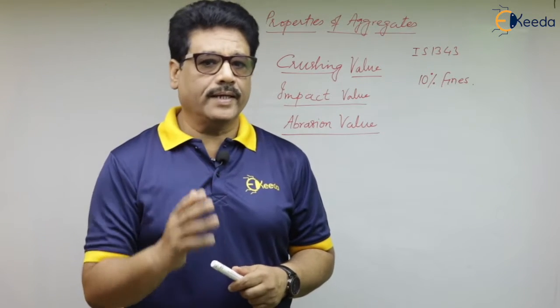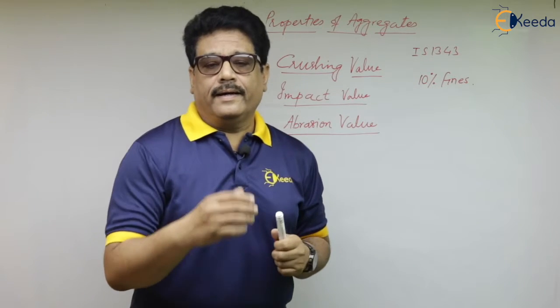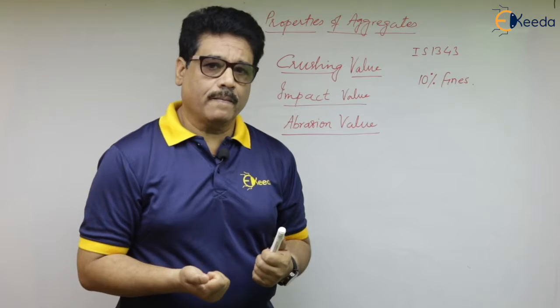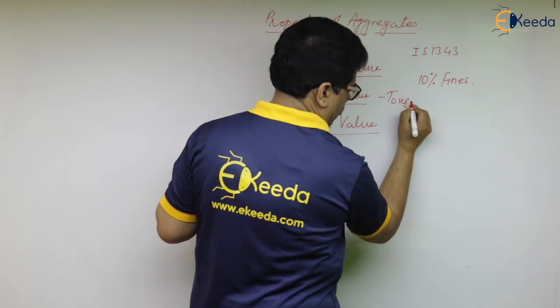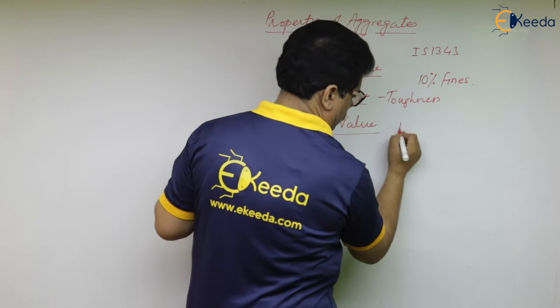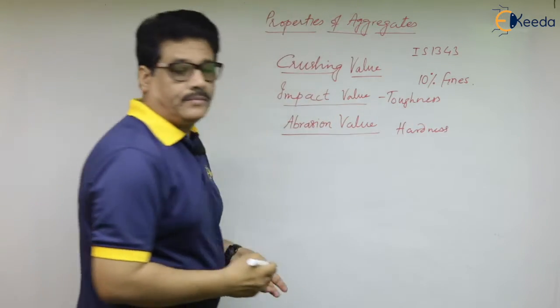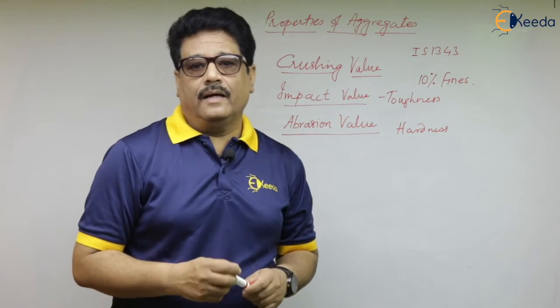So the 10% fines test is more reliable, but more popular are these: the aggregate crushing value for the main strength, that is the compression strength, and these two tests for measurement of toughness and hardness.